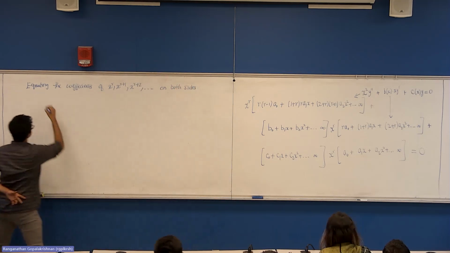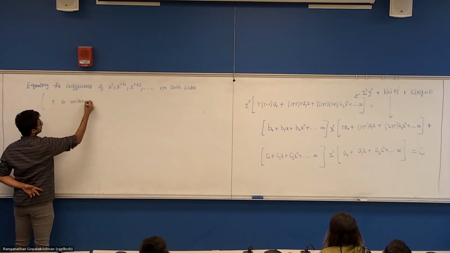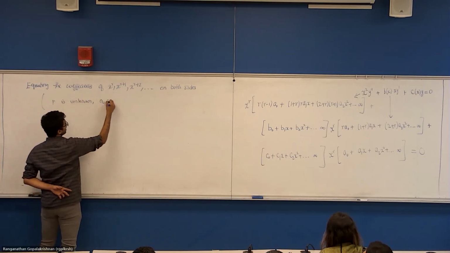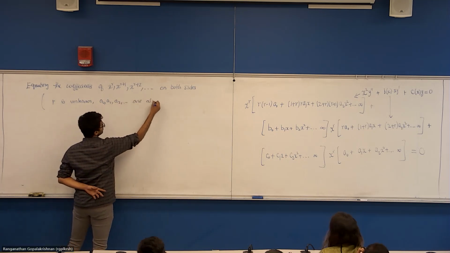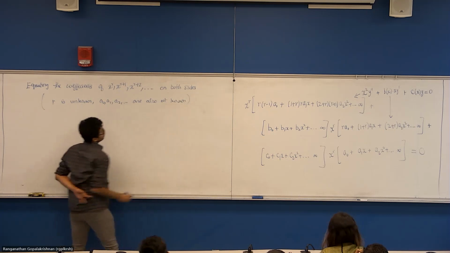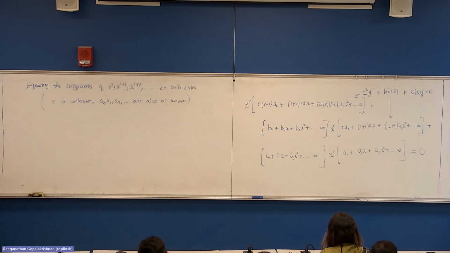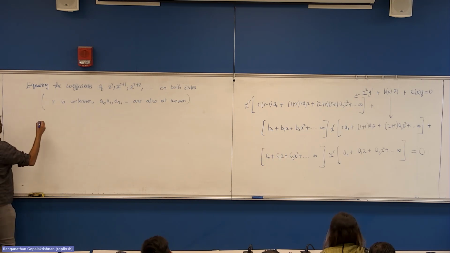Now recall, r is unknown. a0, a1, a2 are also not known at this point. Okay. What about b0, b1, c0, c1, etc.? They are known because you know the function, right? Okay. Just making sure. So you can do that and set up equations.